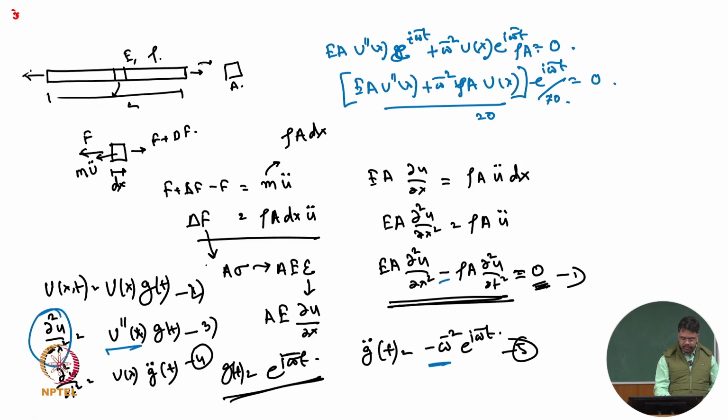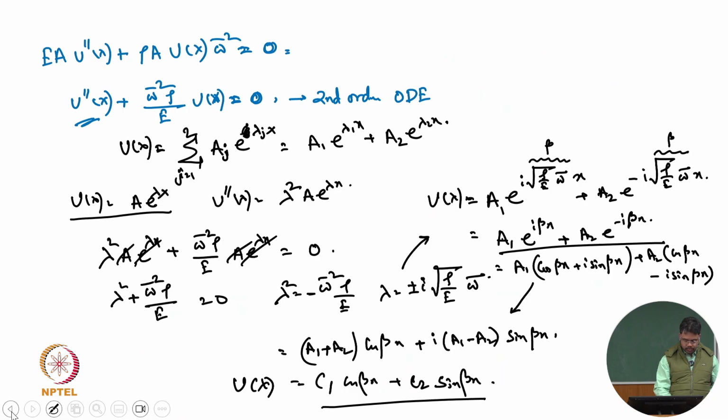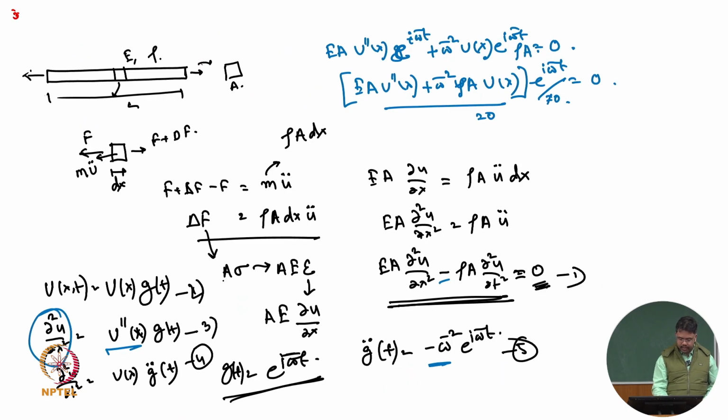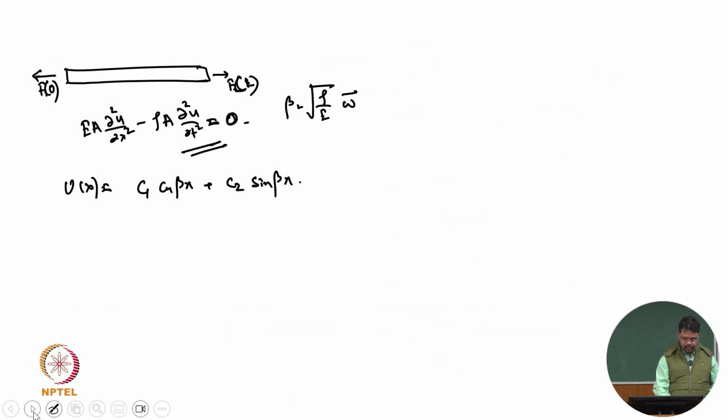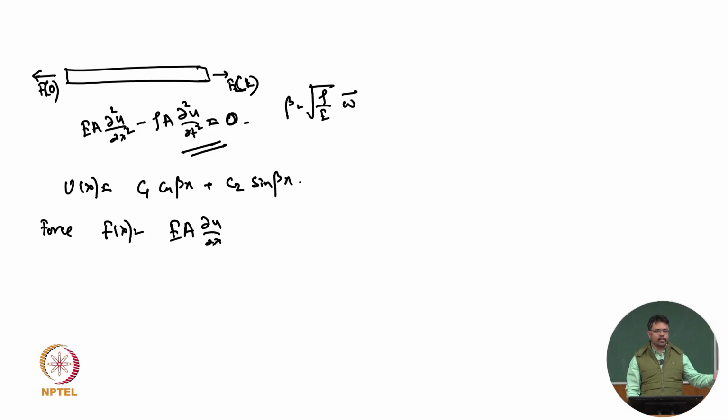That force was from the strain, like F equal to EA into del U del X. So force Fx is EA into del U del X. We have already derived that, because force is area into stress, stress is Young's modulus into strain, and strain is nothing but del U del X. So this is E into A into del U del X. Now U is this much. What will be the del U del X?